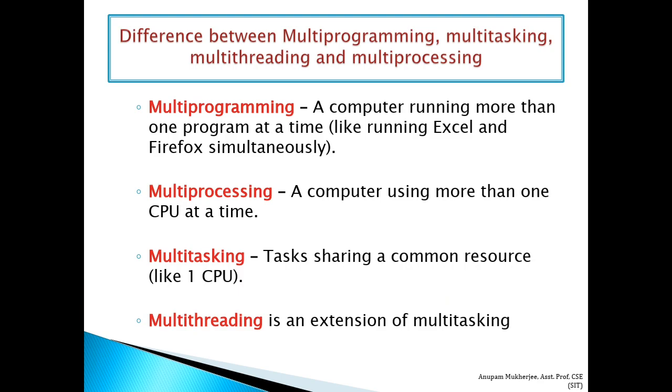But in case of multiprocessing, a computer uses more than one CPU at a time. In case of multitasking, tasks share a common resource, like one single CPU. And multi-threading is an extension of multitasking, because, as we know, a process consists of lots of lightweight processes. Each lightweight process is called a thread.